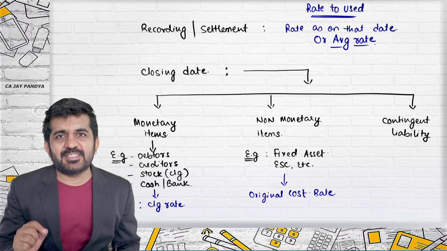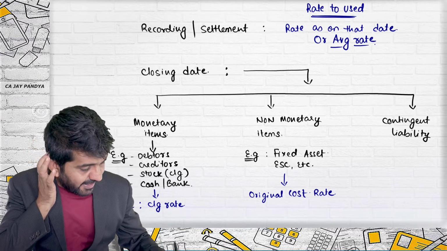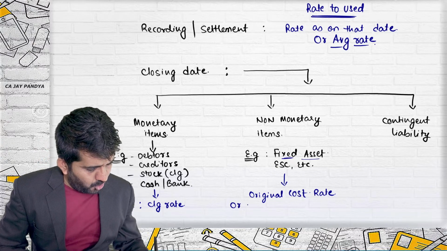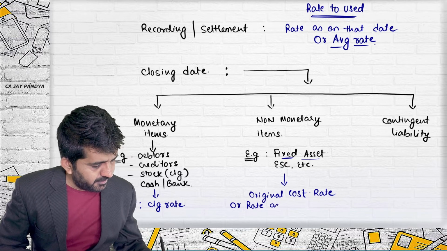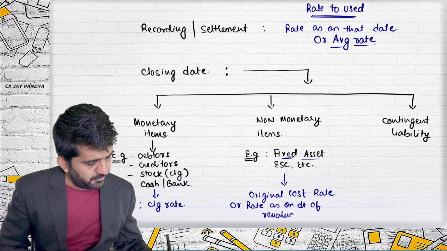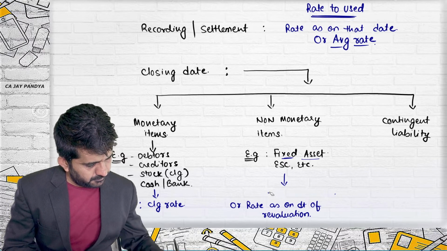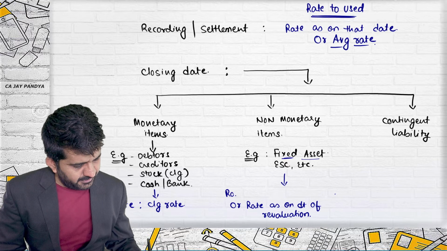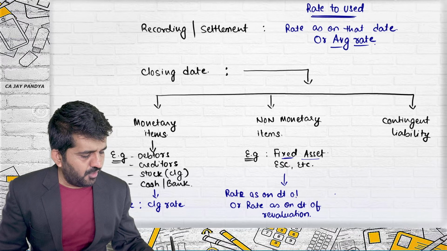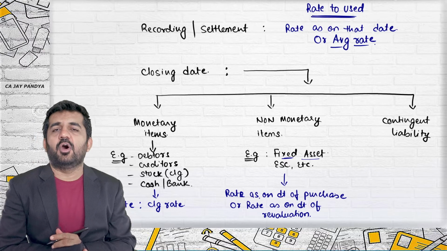We have done it in AS 10 PPE, where PPE may be revalued. So I should use the rate as on the date of purchase, or the rate as on the date of revaluation.